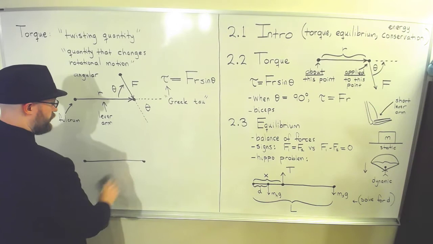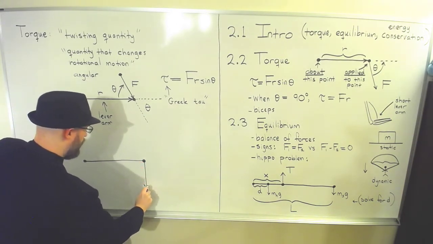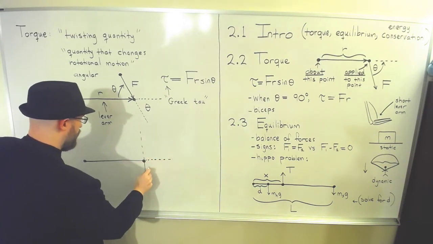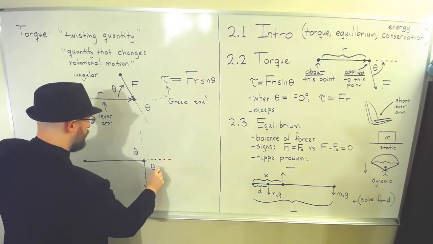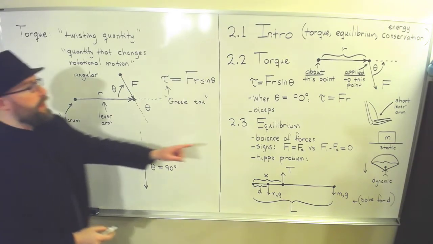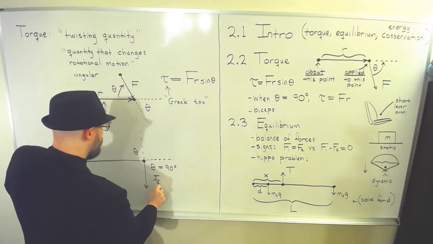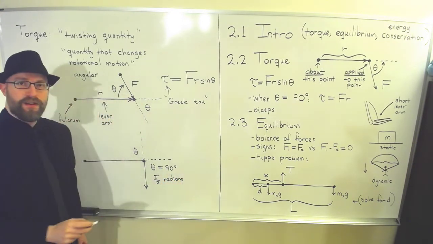I guess I would prefer to draw it like this, because this is where the force is applied and it's going straight down. And so if I extend this line out and I extend this line here, well, I could call the angle this one or this one. It's the same angle, but in any case, it's 90 degrees. And so this is when the angle is 90 degrees, or if you like, pi over 2 radians, if you prefer radians, which you really should.